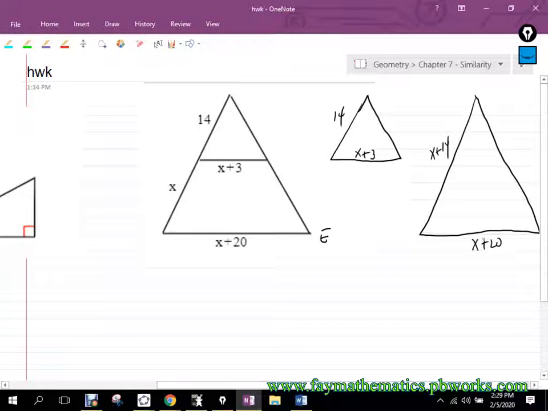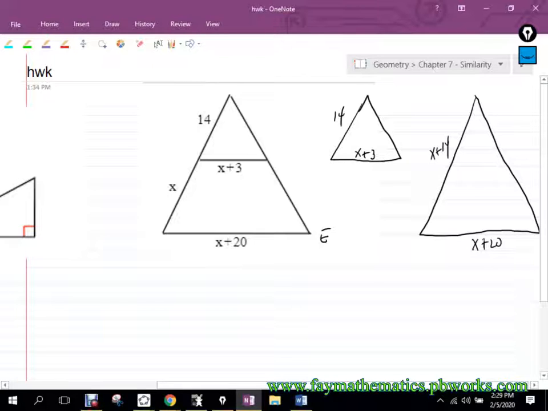All right. Now, you could kind of blindly approach this, and I think most people would probably say, hey, the 14 is going to go with the x plus 14, and the x plus 3 is going to go with the x plus 20. Would you all agree with that? I think that's a sketchy type process. I would not be comfortable doing that.